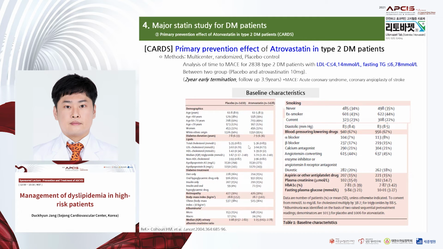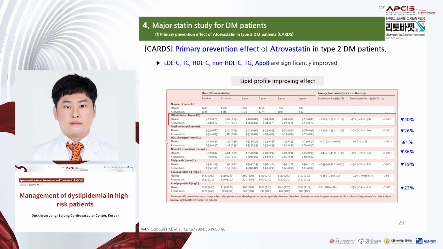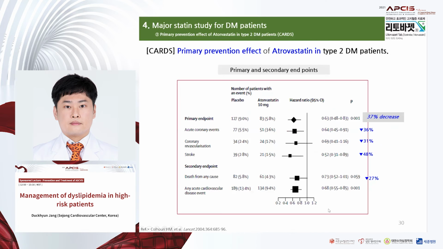There were no differences in baseline characteristics. It showed LDL cholesterol 40% reduction, total cholesterol 26% reduction, non-HDL cholesterol 36% reduction, triglyceride 19% reduction, and apolipoprotein B 23% reduction in the atorvastatin group.